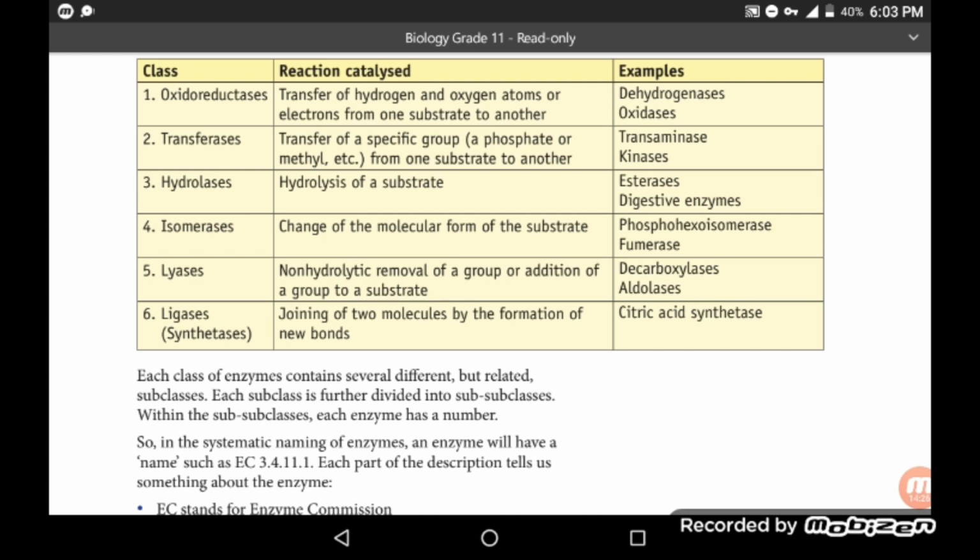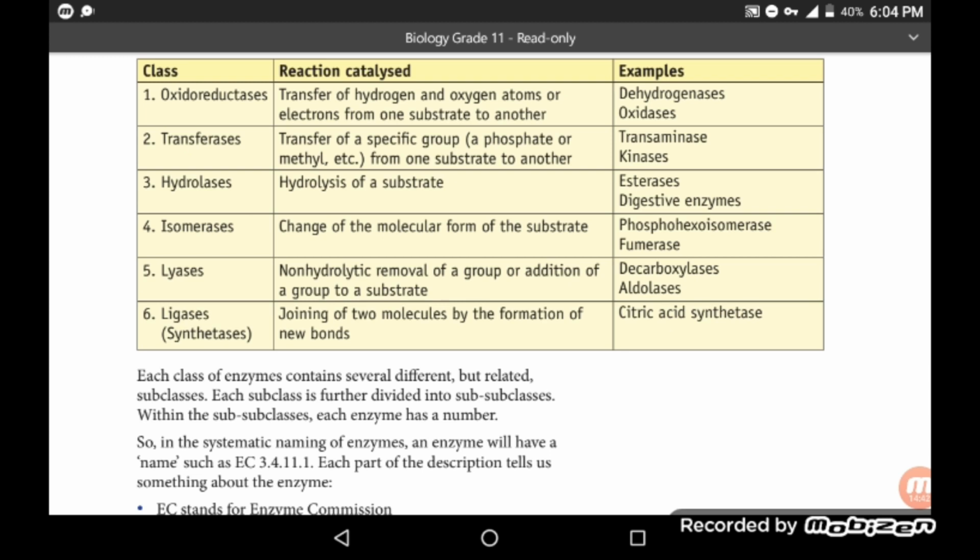Number six is ligase enzymes, synthesis enzymes, in other words, joining of two molecules by the formation of a new bond.